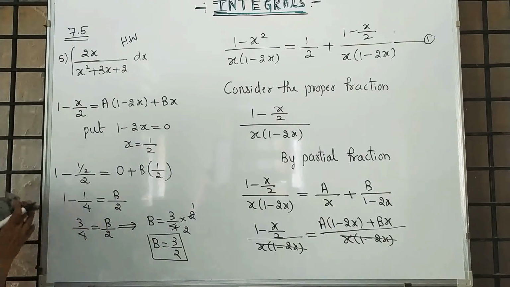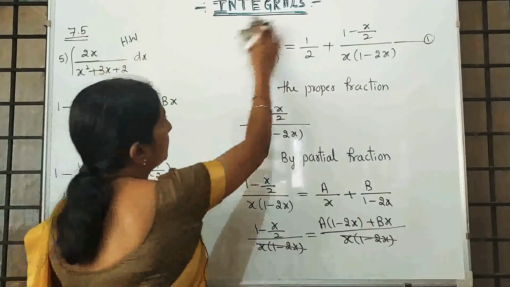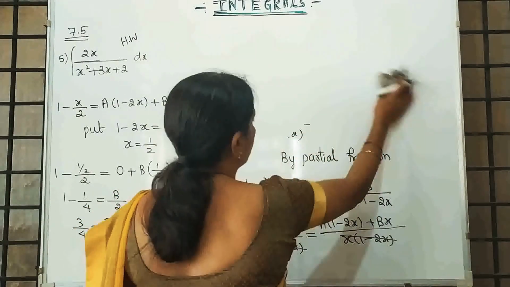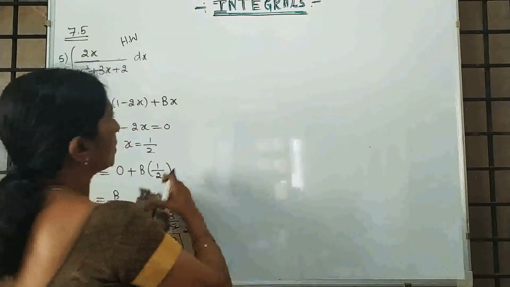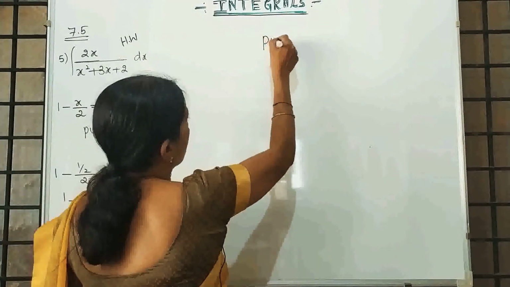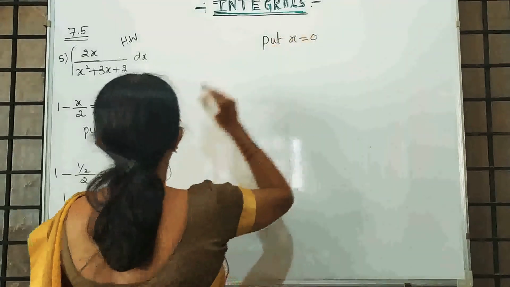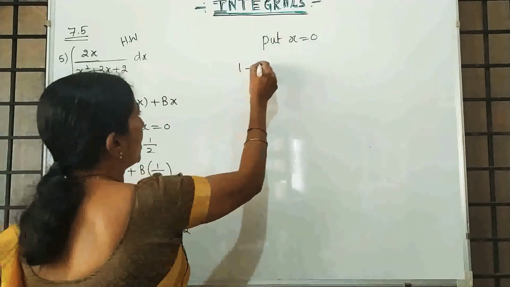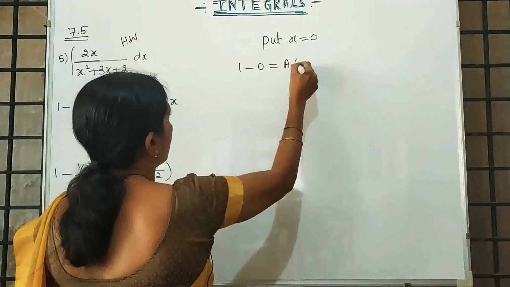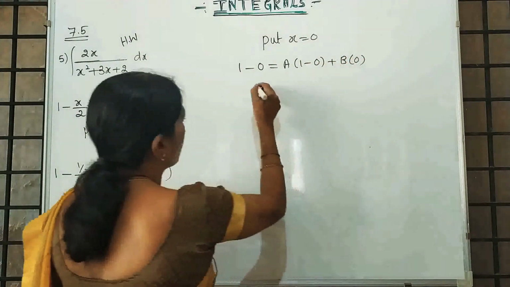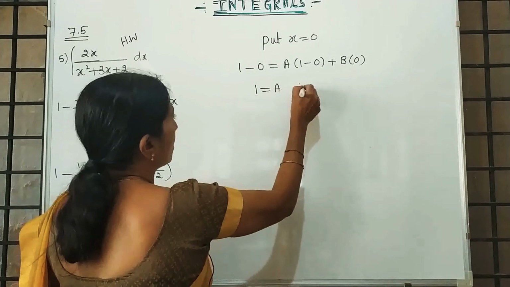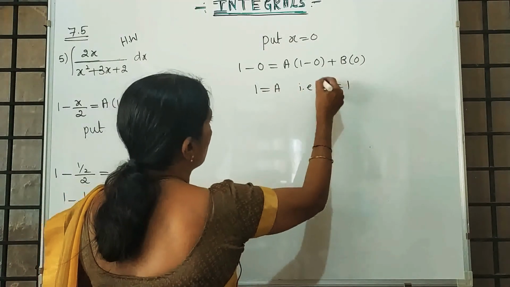Please note this down. The next linear factor is x. Directly we are writing x is equal to 0. This is 1 minus 0 is equal to A into 1 minus 0 plus B into 0. So 1 is equal to A. That is A is equal to 1.